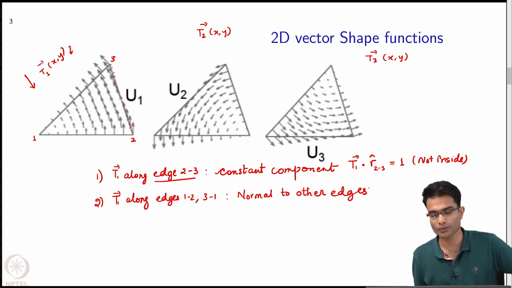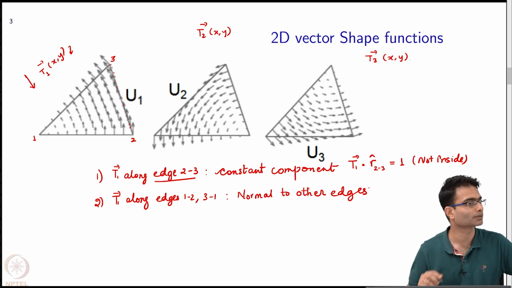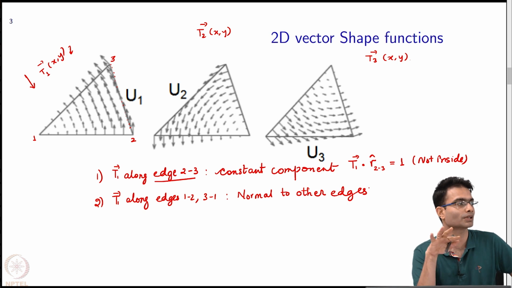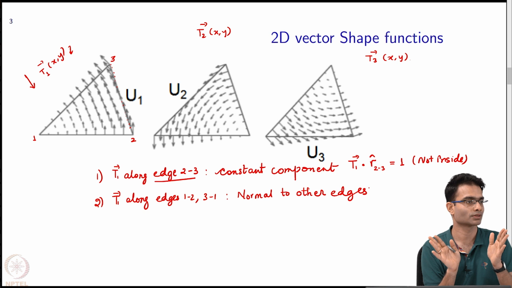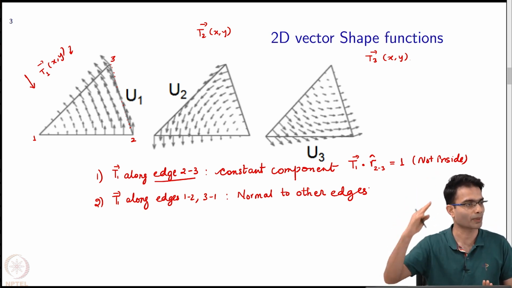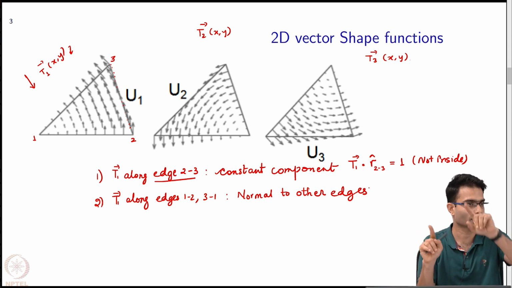Okay. So, what do you think might be the advantage of something like this? Yeah, so T1 does not at all corrupt the tangential component of the field along the other two edges. So, T1 takes care of the tangential component of edge 1. By edge 1 I mean edge 2, 3, right.